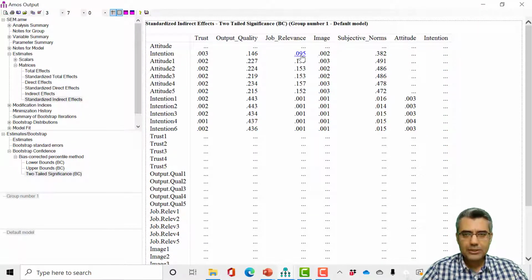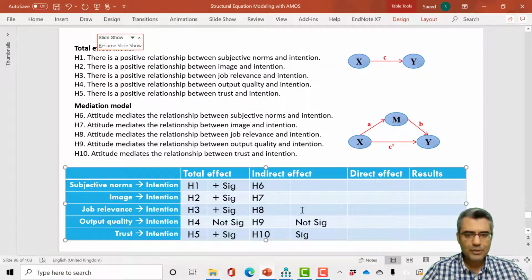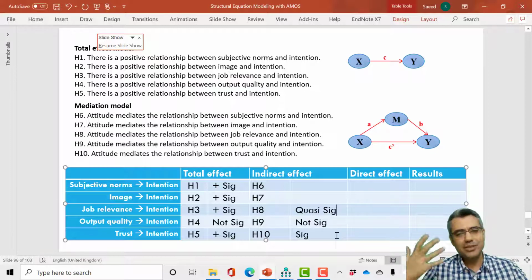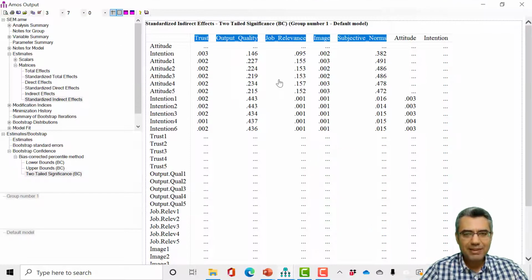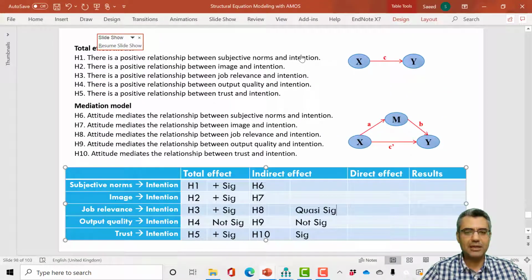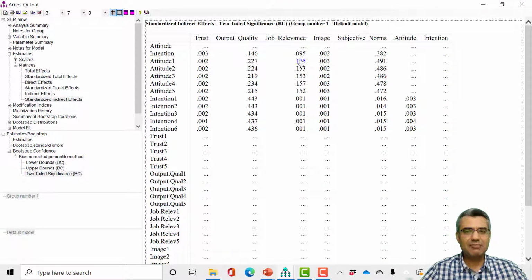And this one, job relevance, almost significant. I write quasi significant, meaning almost significant. Sometimes we are interested to report this. It means the p-value is less than 0.1. So in some of my papers, sometimes I write quasi or almost significant, because with 10% confidence level, this is significant.